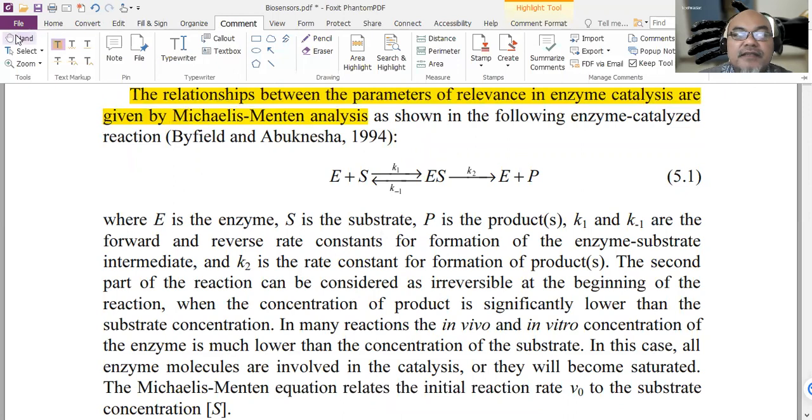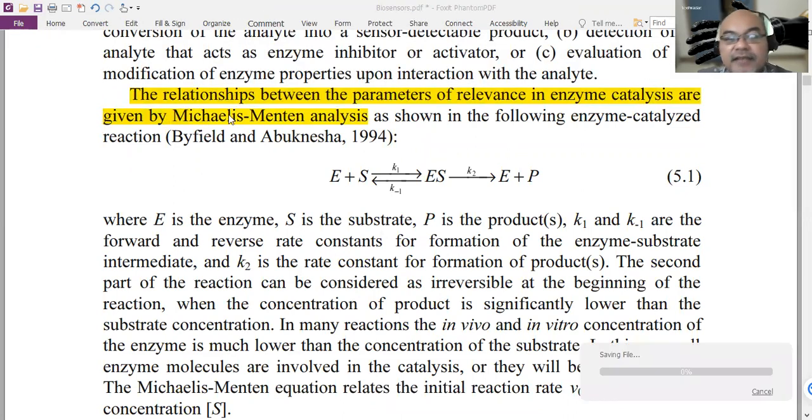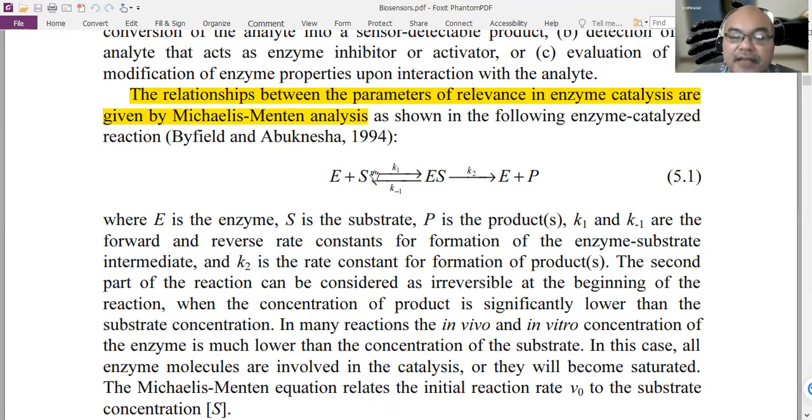In Michaelis-Menten, the enzyme will react with the substrate, the specific bioanalyte which is very specific to the recognition site of that enzyme, and it will form an enzyme-substrate complex, with an association constant K1. It can also have a dissociation constant K minus 1, so it is basically quite reversible.